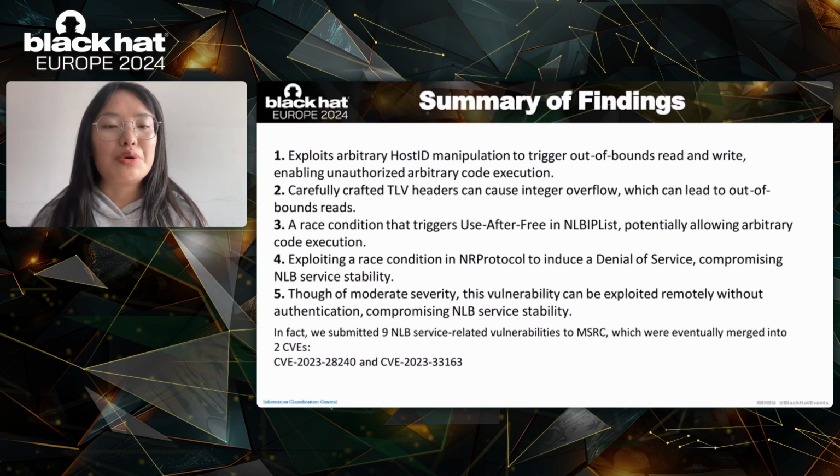Number 3, a race condition that triggers use after free in the NLB IP list, potentially allowing arbitrary code execution. Number 4, exploiting a race condition in the NR protocol to induce a denial of service, compromising NLB service stability.